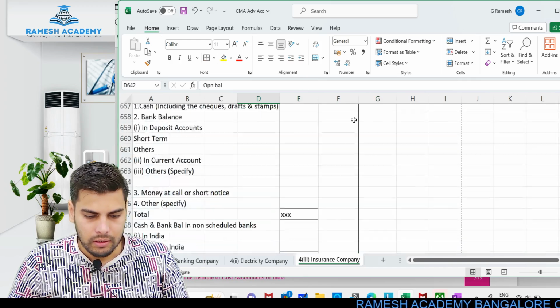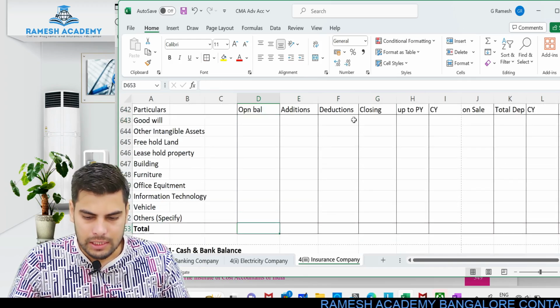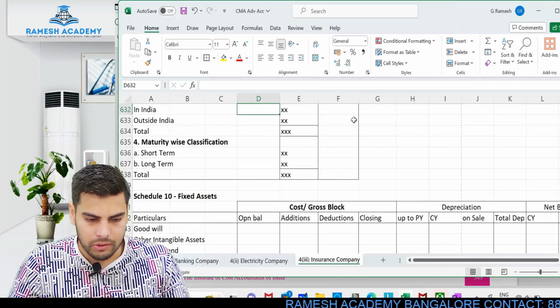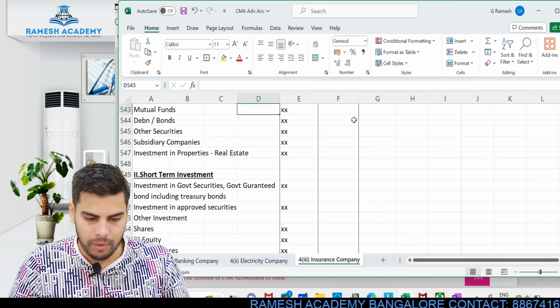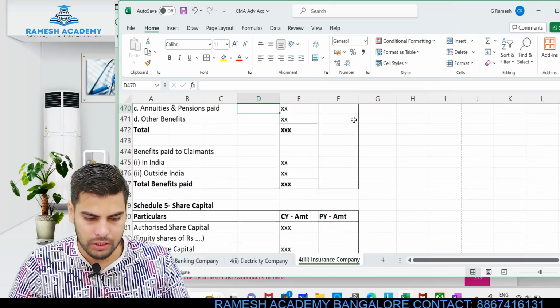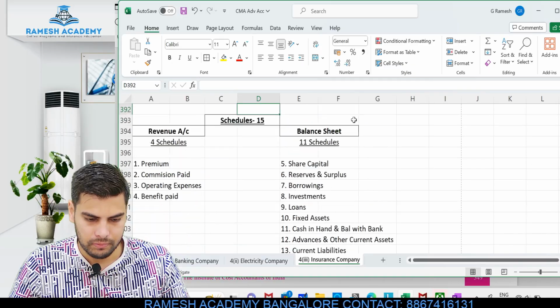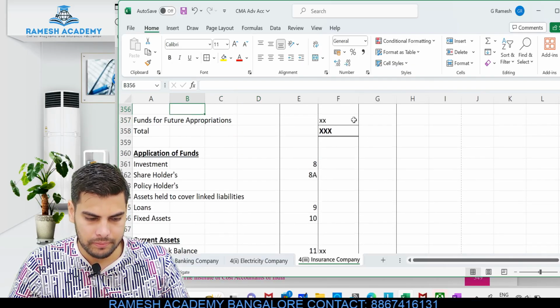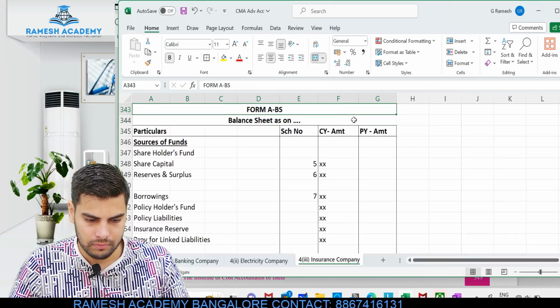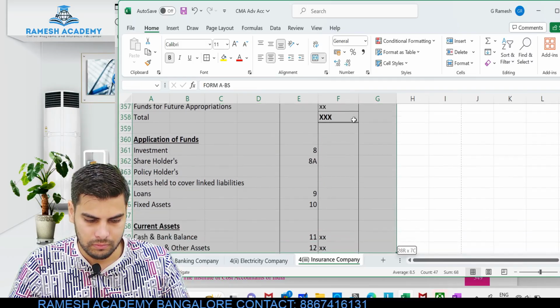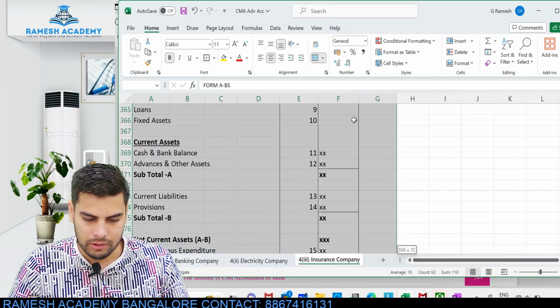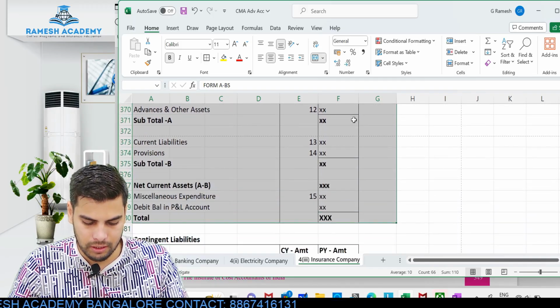Same way, we'll have to prepare the balance sheet also. Let me just copy paste the format. After that we'll keep on preparing the schedules. This is the format of the balance sheet. You'll have to just remember this particular format, guys. Everything has been written.